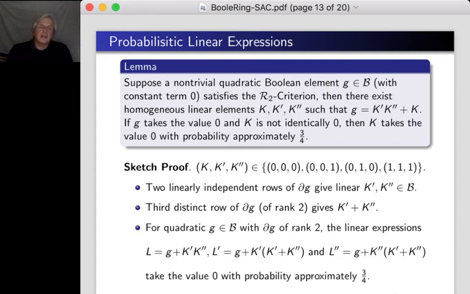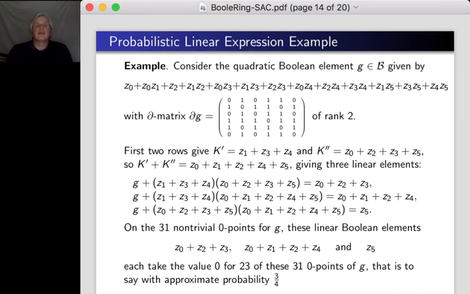So this actually gives us a method of constructing linear expressions, for example, of the form L is G plus k dash plus k double dashed, where k dash and k double dashed come from the partial G matrix. And these expressions L, L dashed and L double dashed take the value 0 with probability approximately 3/4.